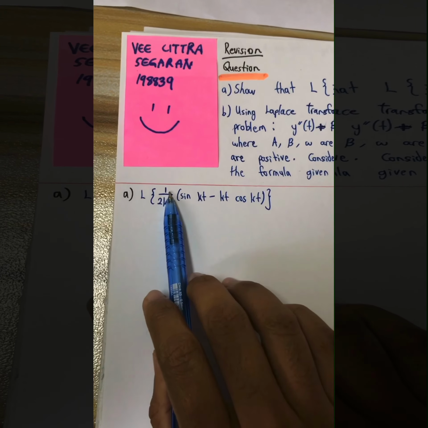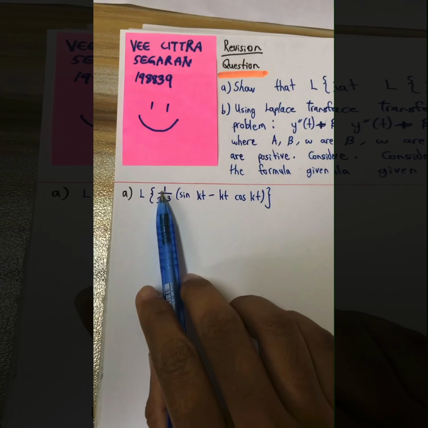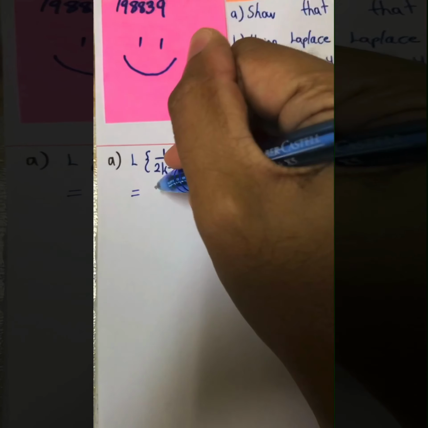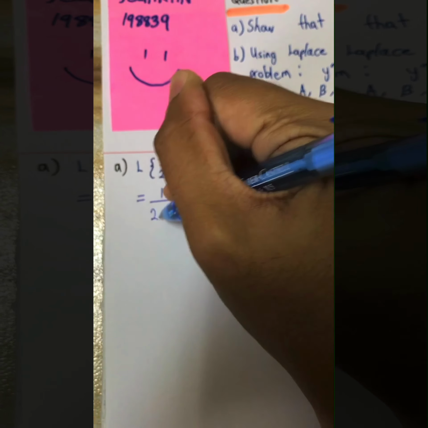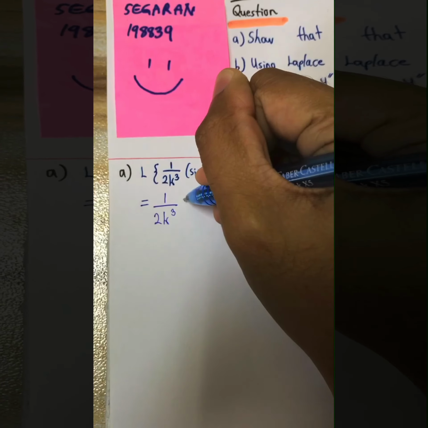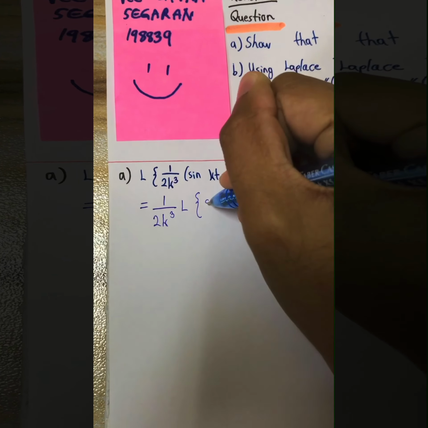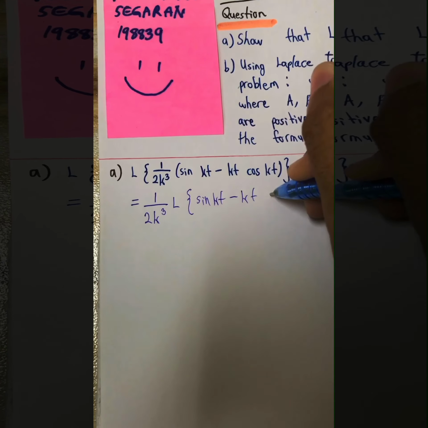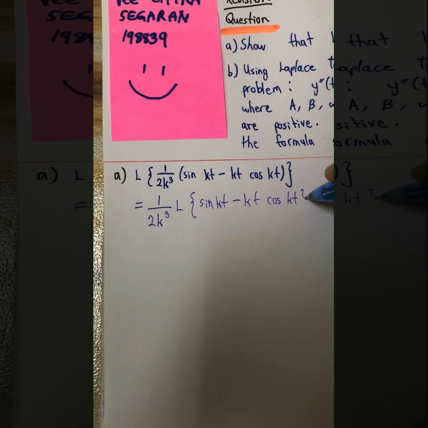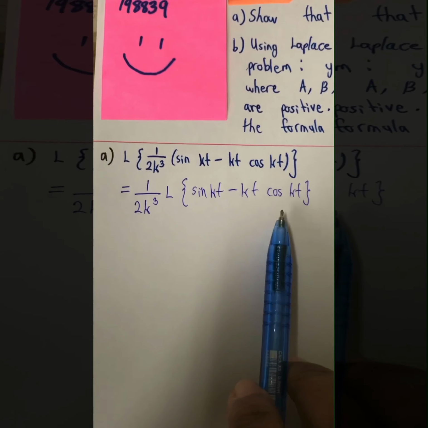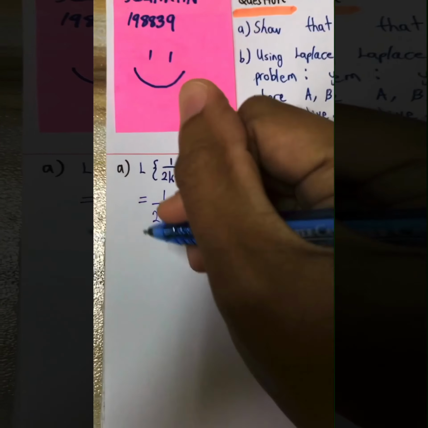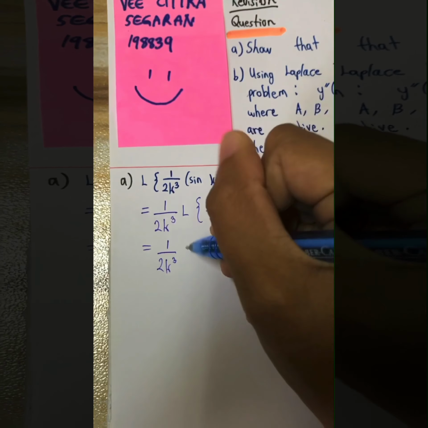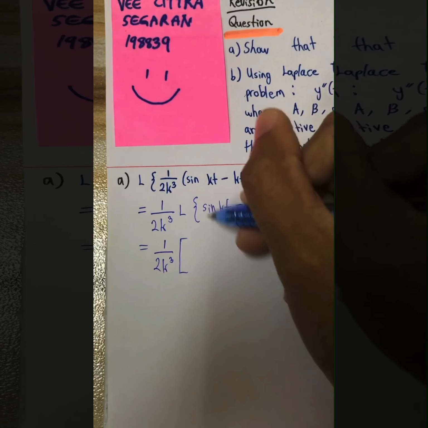Note here that k is constant, so we can extract out 1 over 2k cubed, leaving the Laplace transform of sin kt minus kt cos kt. The Laplace transform we can separate into two parts, so it becomes 1 over 2k cubed times this part of the Laplace transform.